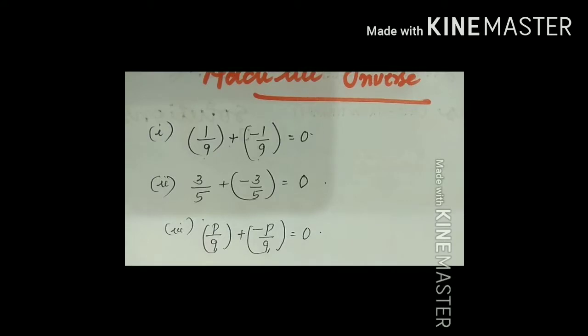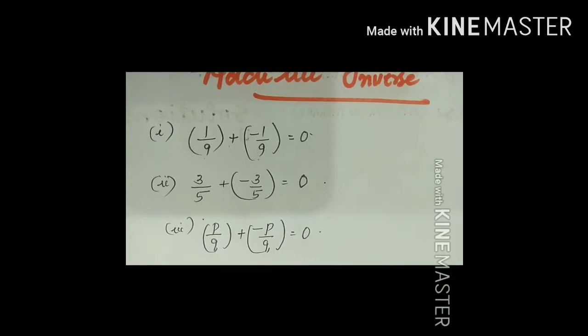Commutative property means two rational numbers can be added in any order. If p by q and r by s are two rational numbers, p by q plus r by s is equal to r by s plus p by q. That means two rational numbers can be added in any order, and the result will remain the same.